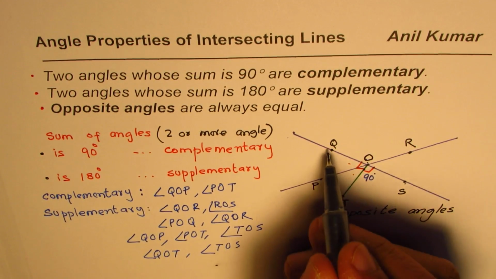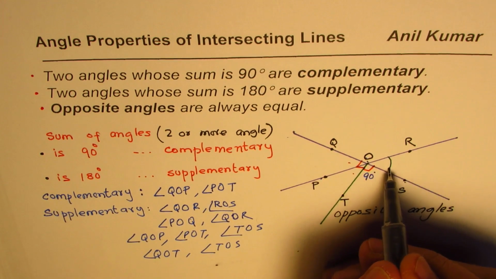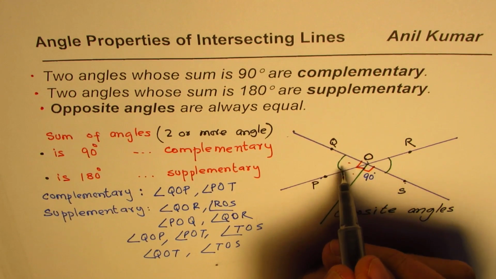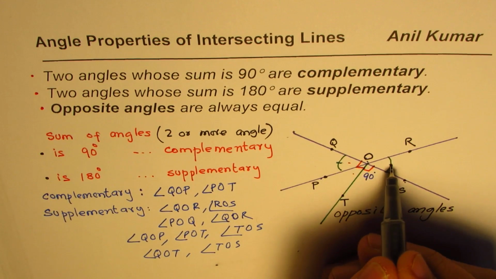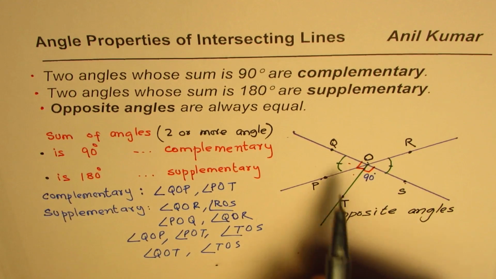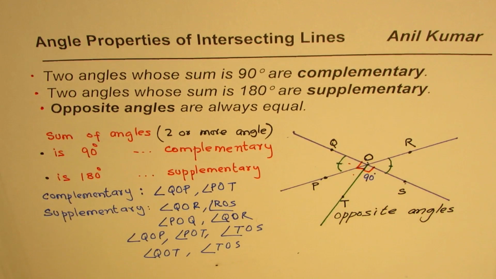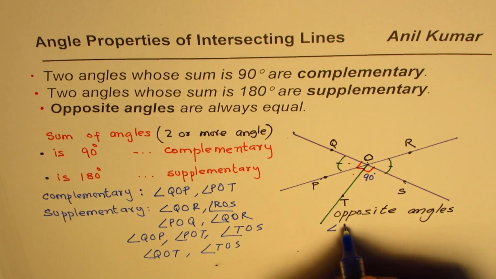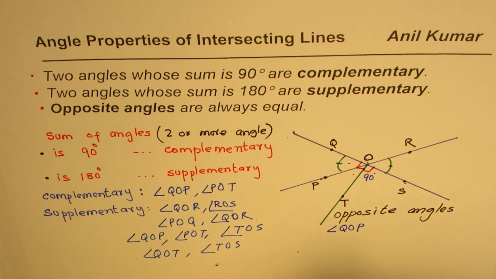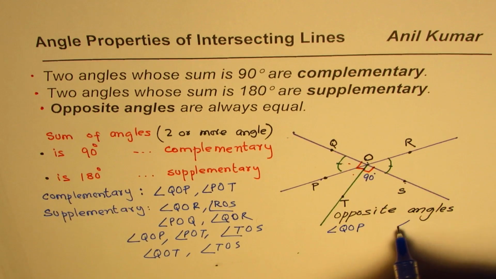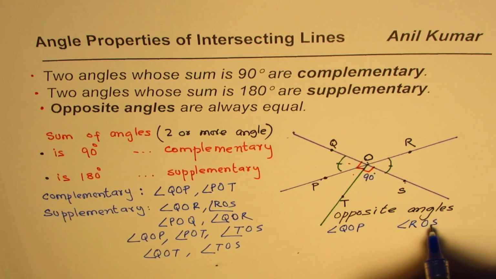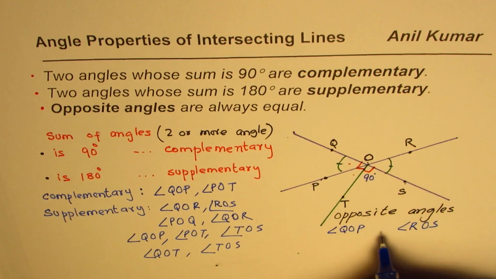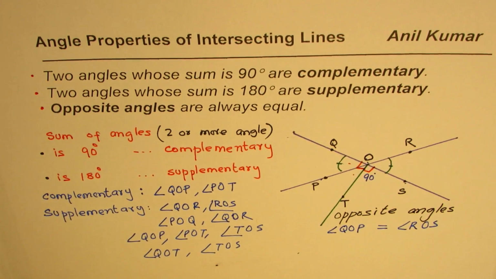Now, two straight lines, when they intersect, form angles like this. These are opposite angles, right? So these are opposite angles and they are always equal. So in our case, the angles are angle QOP and angle ROS. Remember, since they are opposite angles, they will always be equal, right?